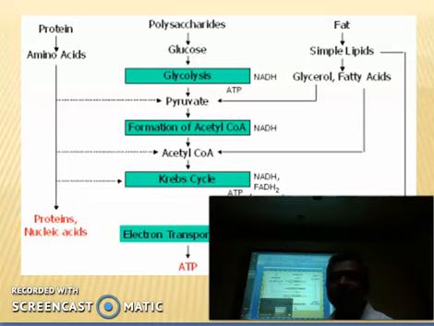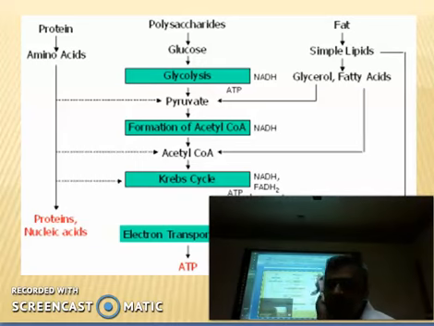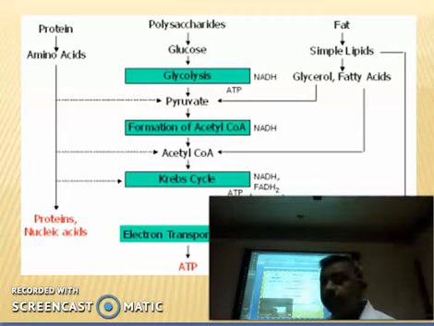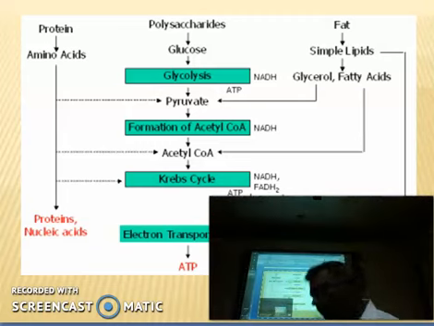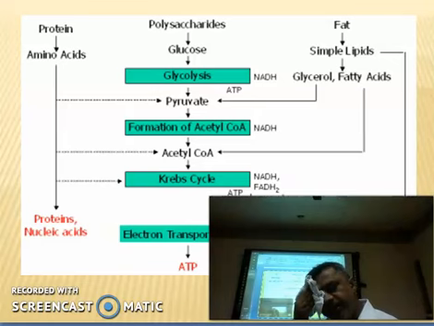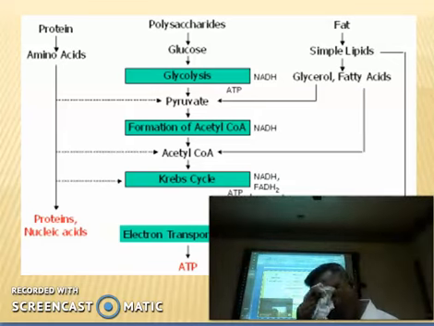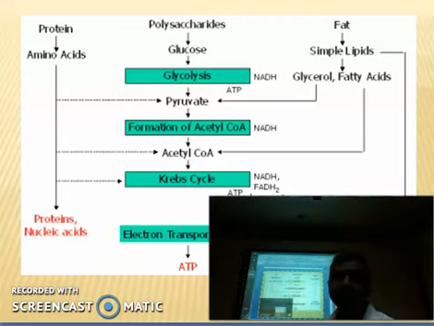This acetyl CoA enters the Krebs cycle and generates ATP, and finally it gives you CO2 and H2O. So 2 ATP is formed during glycolysis, and 36 to 38 depending upon the organism is produced in the TCA cycle.